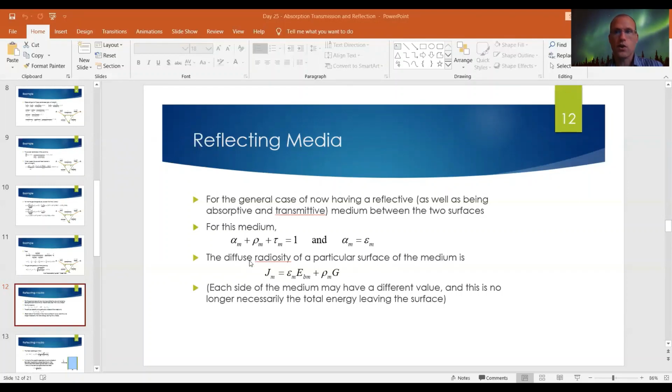Diffuse radiosity, so total energy coming off of the surface. Jm is epsilon times EBM, so the medium is at some temperature, sigma T to the fourth. Some of that is being emitted, of course, not necessarily all of it. And then I have some other energy hitting it, and some of that is being reflected.